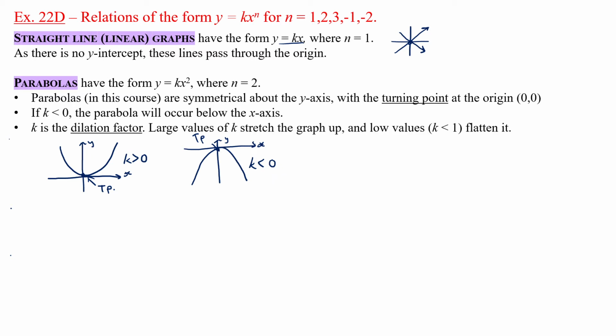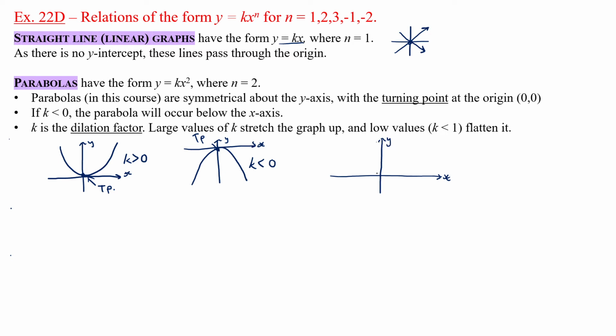And finally, k is just what we refer to as the dilation factor. So when we look at a linear graph, a higher value of the gradient, or m, or in this case k, will stretch the graph more upwards. A smaller value will stretch it downwards. So what that looks like in comparison, if I just draw two positive graphs, x and y.